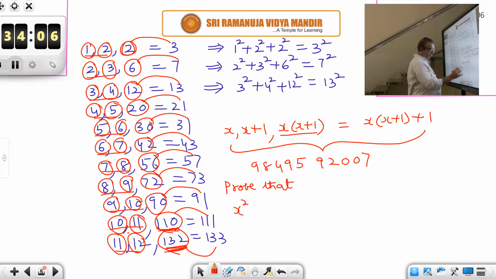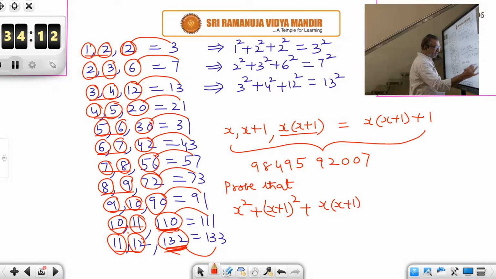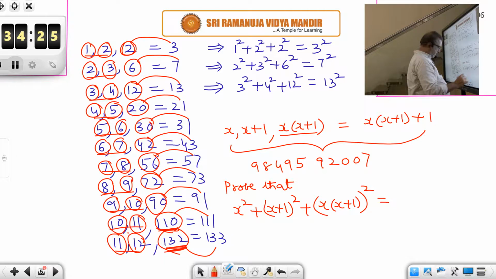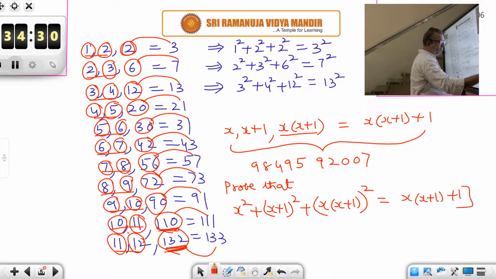I want a general proof for this. You have to prove that x square plus x plus 1 whole square plus x into x plus 1 whole square is equal to x into x plus 1 plus 1 whole square.